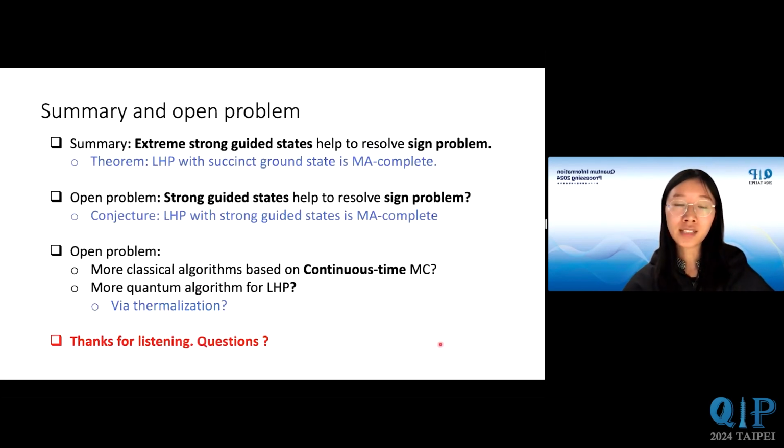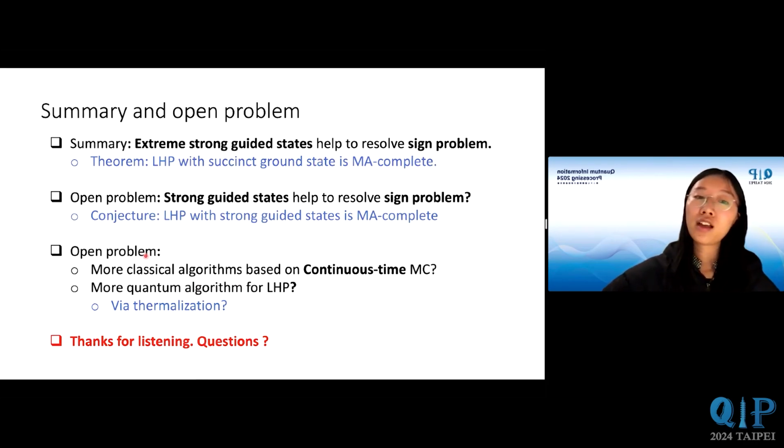And in summary, finally, we show that extremely strong guided states can help you solve the problem. The open question is, can you do something similar for weaker guided states? Another open question is that I personally find the continuous time Markov chain very magical, and probably it can be used somewhere else.